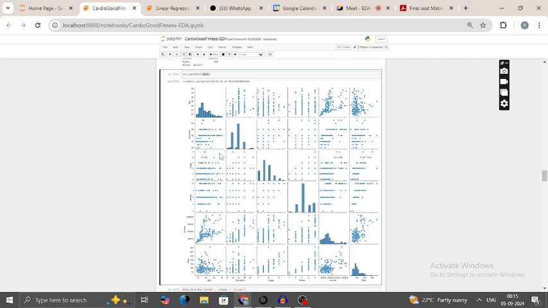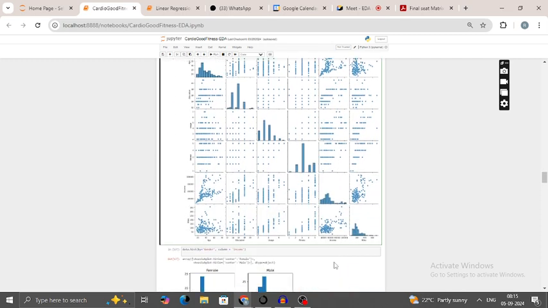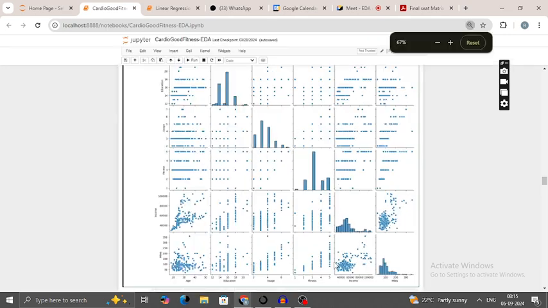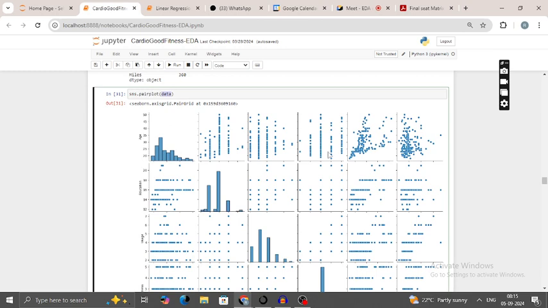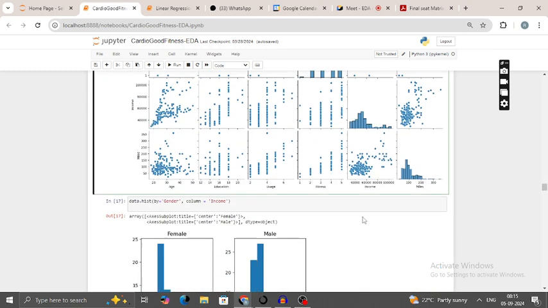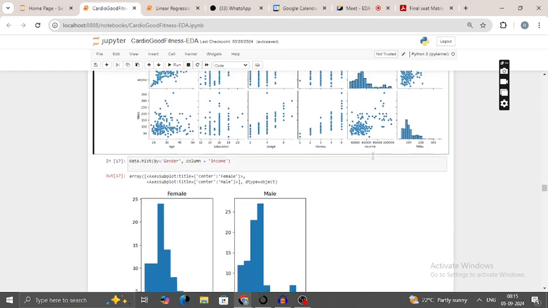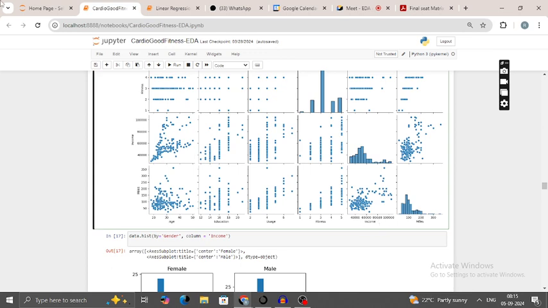Now let us observe only one figure. What is this? This is age versus, the last but one, income. Look at this, there is a trend.